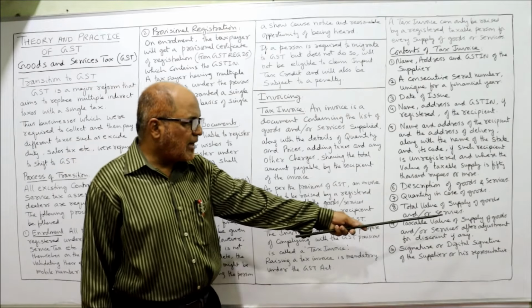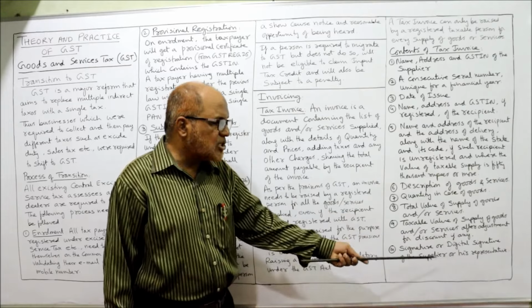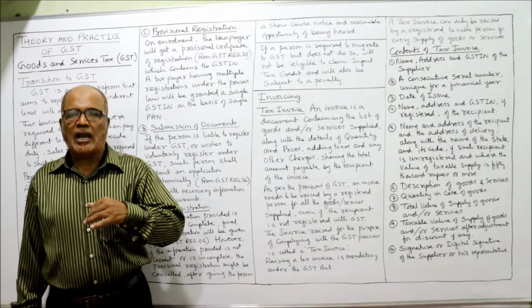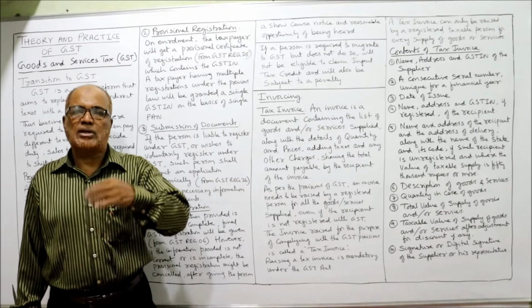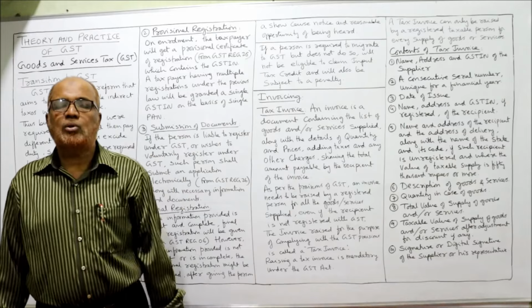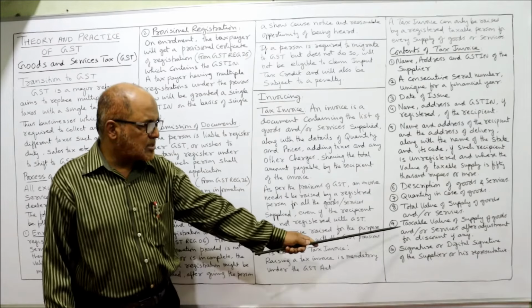Then, taxable value of supply of goods or services after adjustment of discount, if any. Sometimes a discount will be allowed by the supplier to the recipient. So he has to deduct the discount and the net amount should be shown in the invoice.